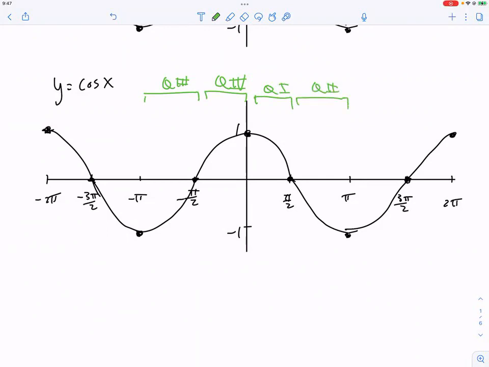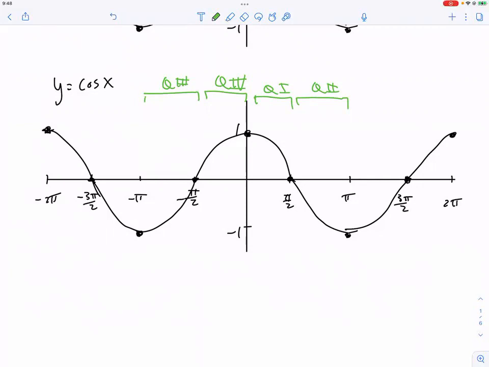So in order to create a 1-to-1 function, which quadrants should we keep? Now they have to be continuous, so you cannot pick quadrant 3 and quadrant 1. Which 2 consecutive quadrants should we take so that it is a 1-to-1 function?